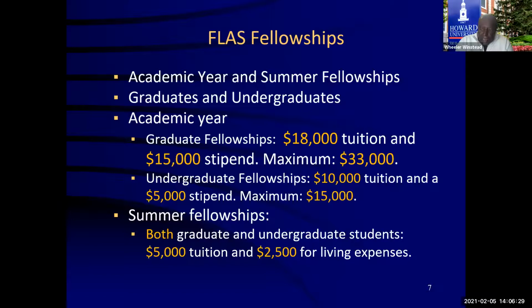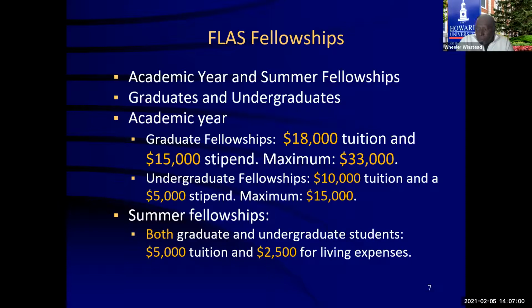During the academic year, a graduate fellowship is in the amount of $18,000, which will be used toward your tuition and fees. And then the student also gets a $15,000 stipend that is paid to you to use for your living expenses and any other expenses related to your schooling. That's a maximum of $33,000.